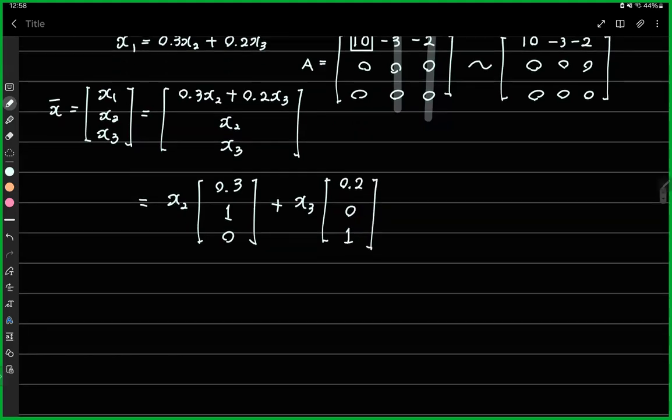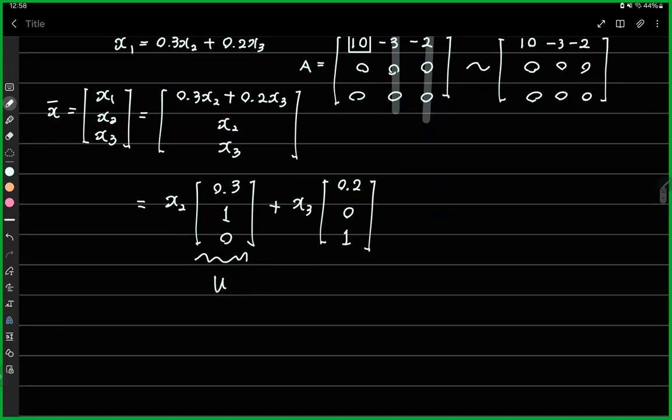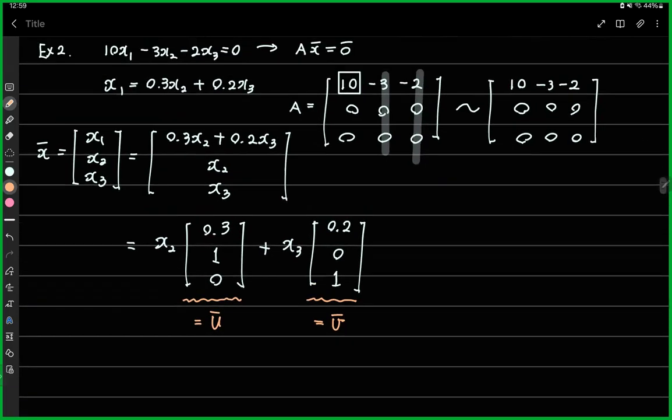Okay. So let's say this is vector u, and this is vector v. Then the solution set can be obtained by vectors u and v for any values of x2 and x3.